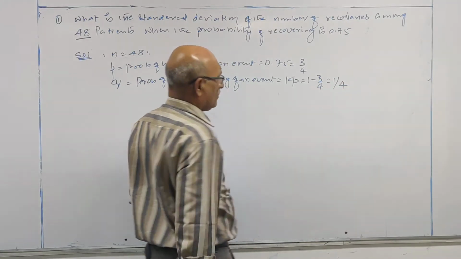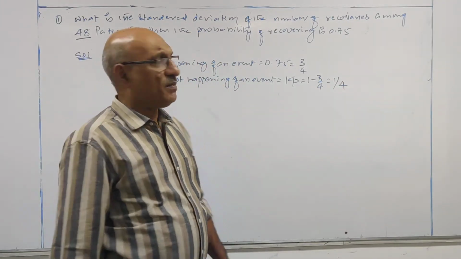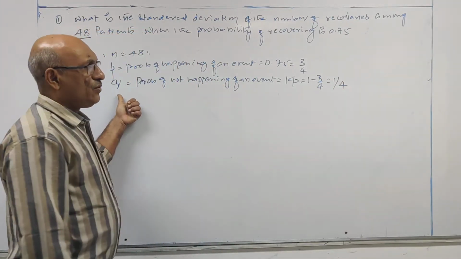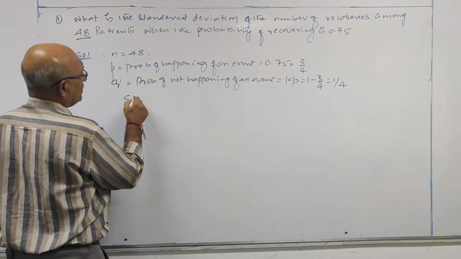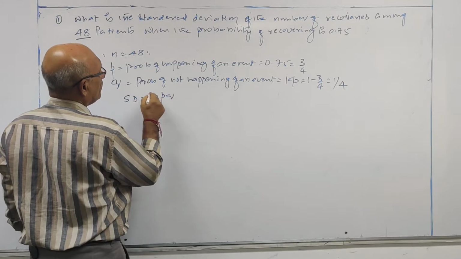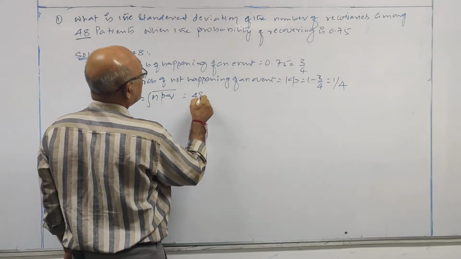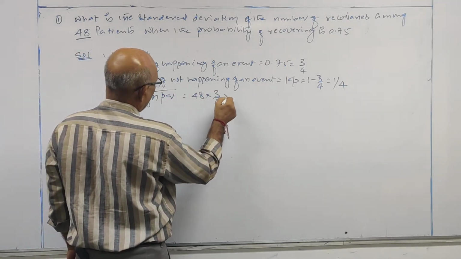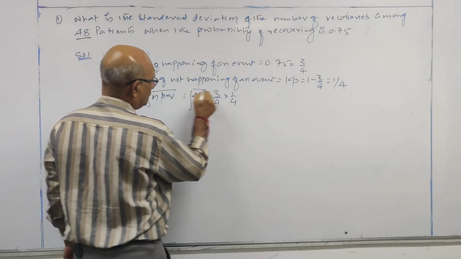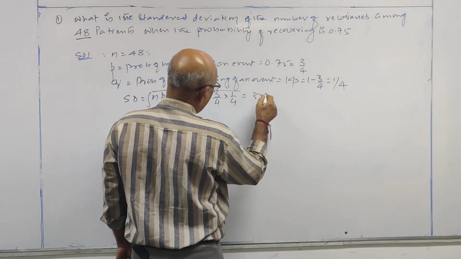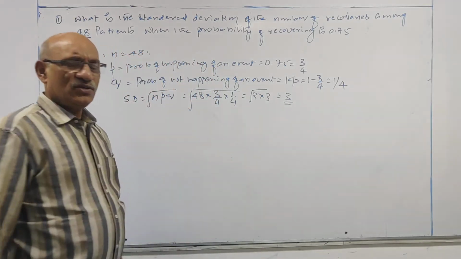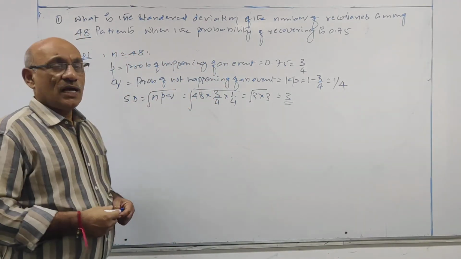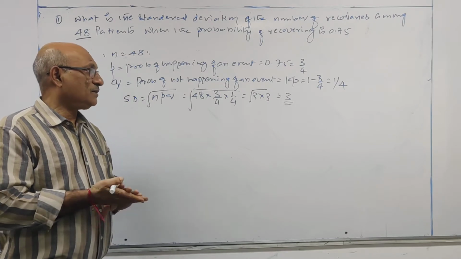This is 1/4. So Q is equal to 1/4. Now standard deviation is equal to square root of NPQ, 48 into 3/4 into 1/4. 3 into 3 under root, this is 3. Standard deviation is equal to 3. This is the answer to the given question.